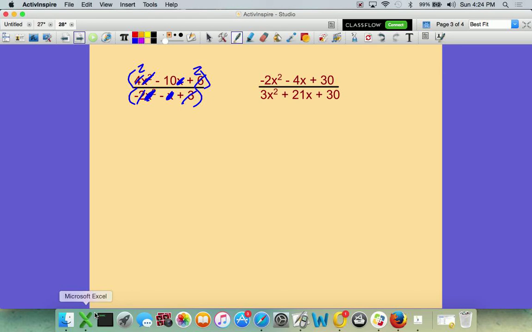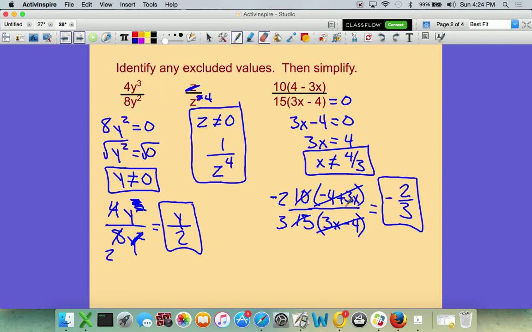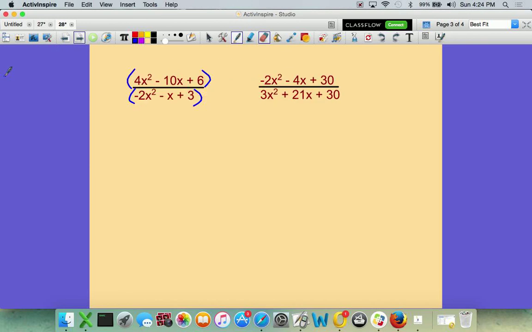Well, no, you can't do any of that because that's all an expression. So instead, put parentheses around it, and that tells you the only way you can cross something out inside the parentheses is if it's exactly the same on top and bottom, like it was right here. That's why we could cross those off.